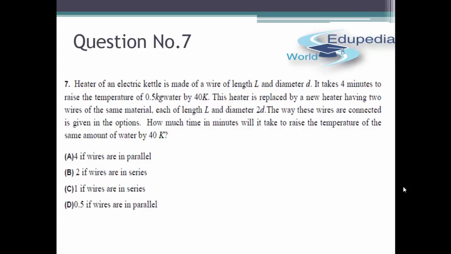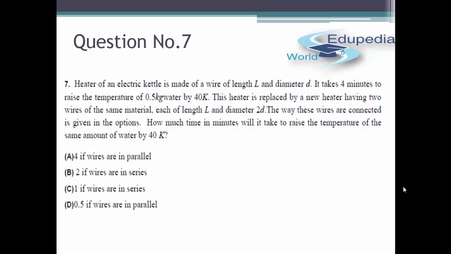So this is an electric kettle, so the heat will be generated by dissipation through the resistance. I square R or V square by R will be the formula for power. And in the next case, the diameter has become 2D, so the resistance will change. The material is the same, so resistivity is the same, but the resistance will change, and that will of course change the power given, and that will ultimately change the time taken to heat the water.